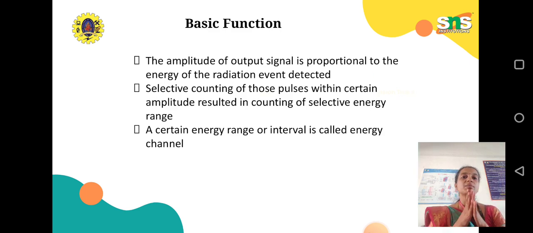What are the basic functions of the pulse height analyzer? The amplitude of the output signal is proportional to the energy of the radiation detected. Selective counting of those pulses within a certain amplitude results in counting of a selected energy range.